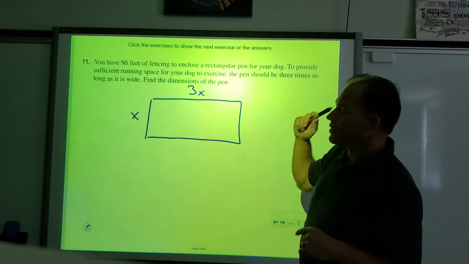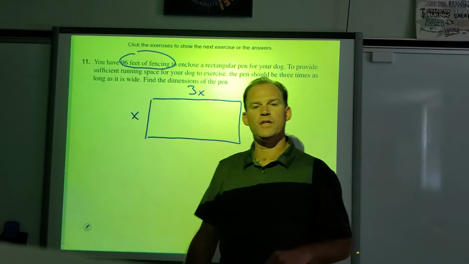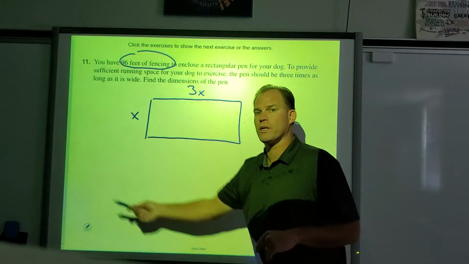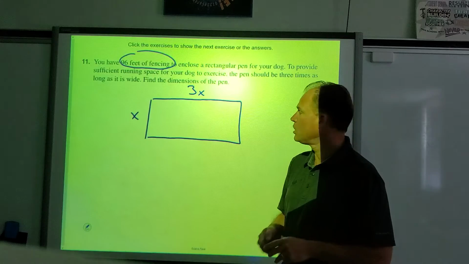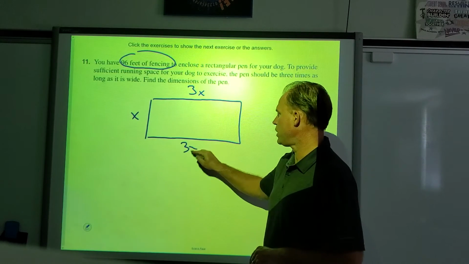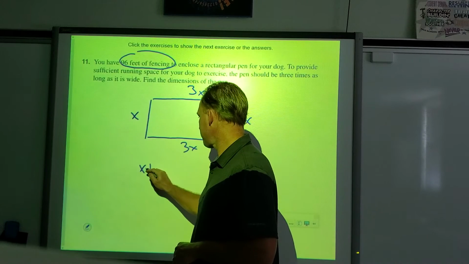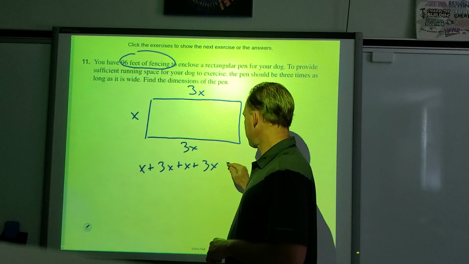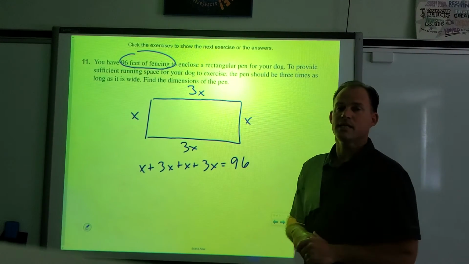So, the other thing that I need to think about, 96 feet of fencing. Is that area or is that perimeter? If it's a fence, that's perimeter. So I also need fence down here and fence over here. So I have 96 feet of fencing, 96.